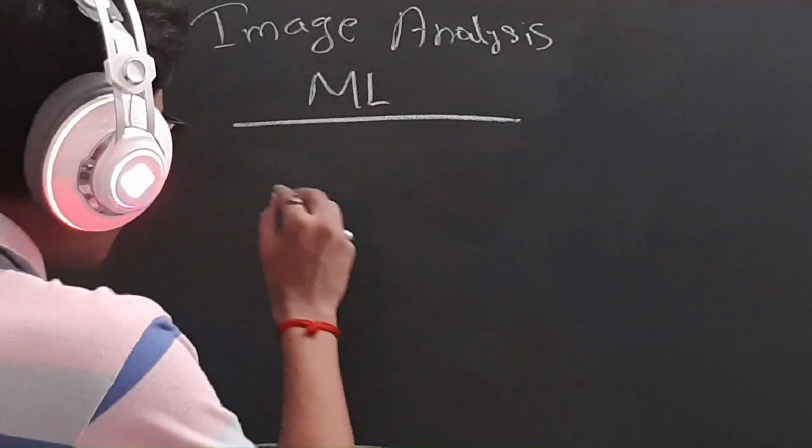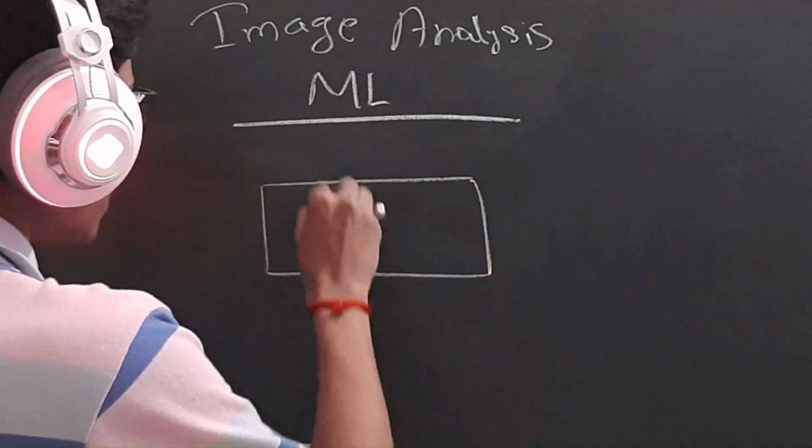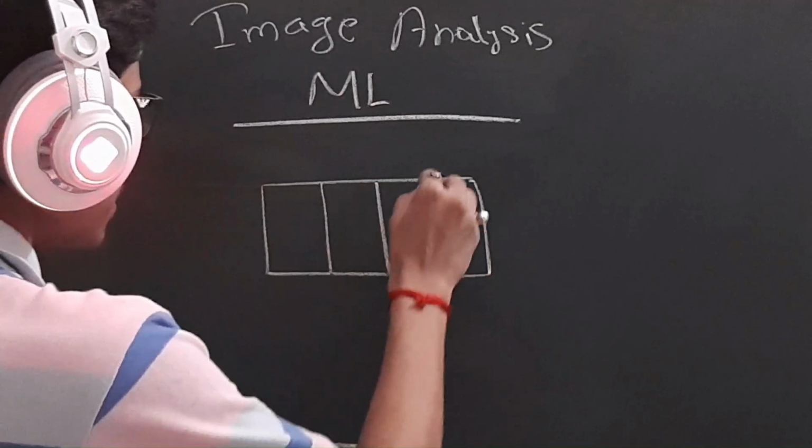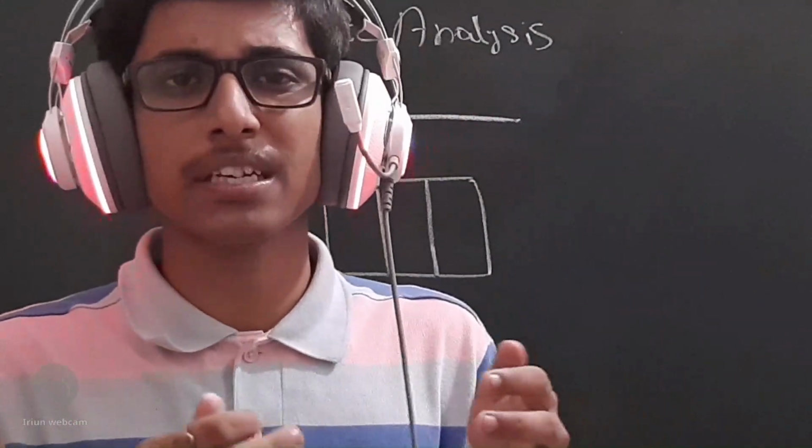So suppose we have a video. A video has many pictures. The definition of video itself is a collection of images, right? And there comes the concept of FPS, frames per second. When you record a video, you record it at a particular FPS frame count, meaning how many photos are captured by your camera per second to record that video.